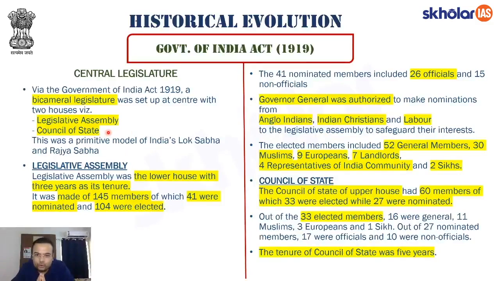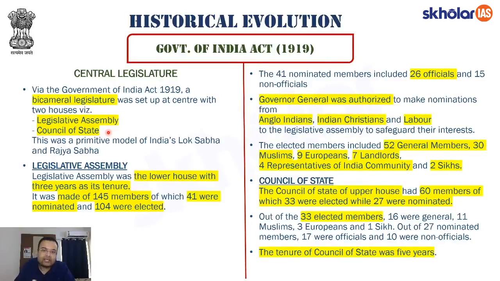Now students, you should not get confused between bicameral legislature and diarchy. What is diarchy? Diarchy simply means division of the subjects on which administration needs to be done into 2 categories. One that were called transferred subjects, that were transferred to the Indian ministers to deliberate and take decisions on, and the other were called reserved subjects that will be under the exclusive authority of governor and the council of the governor.